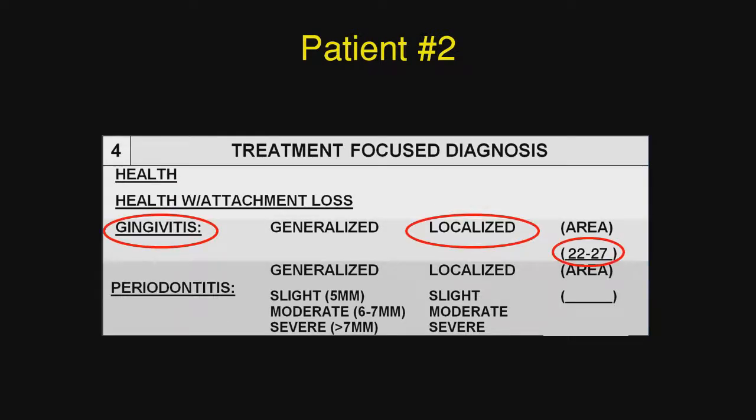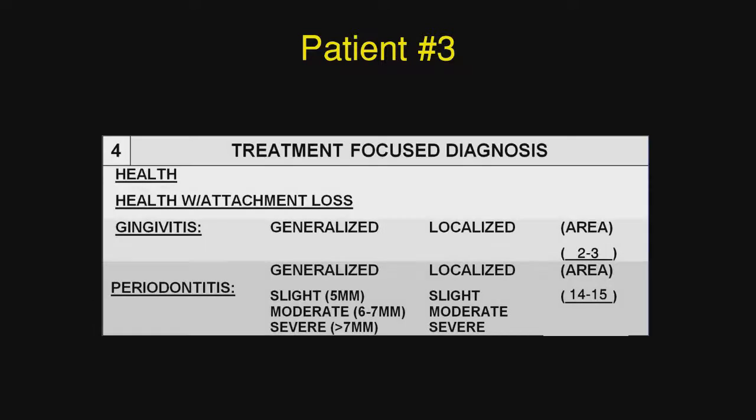This patient has a localized gingivitis in areas 22 to 27. So this is the area where you're going to scale. But because this is localized and the rest of the mouth is healthy, you're going to treat the rest of the mouth as a healthy mouth with a prophy and really focus your treatment on the lower anterior area. So this is what a treatment-focused diagnosis is all about.